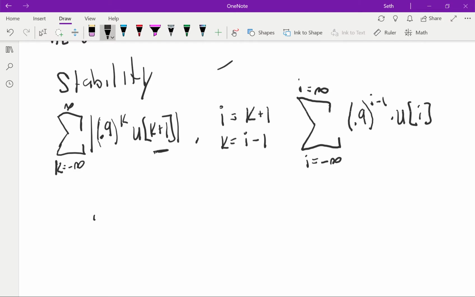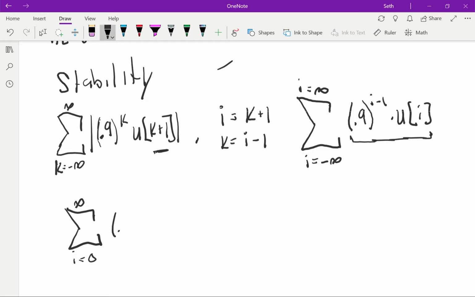So for the iterations of i equals negative infinity to i equals minus 1, this resolves to 0. So we can move our lower bound up to 0. And our upper bound stays the same, it's just infinity.